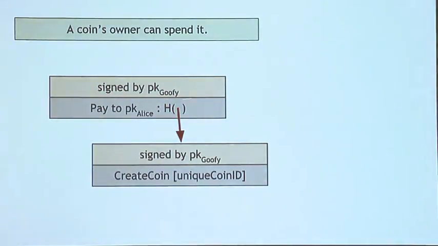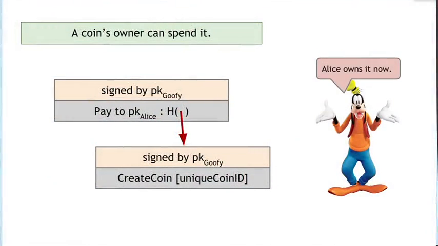And this is also signed by Goofy. Now, Goofy is the one who owned that coin, and so Goofy has to sign any transaction that spends the coin. And once this has happened, now Alice owns the coin. Alice can prove that she owns the coin because she can present this data structure here, which is validly signed by Goofy and points to a coin that was validly owned by Goofy. And so the correctness of this coin is self-evident in the system.